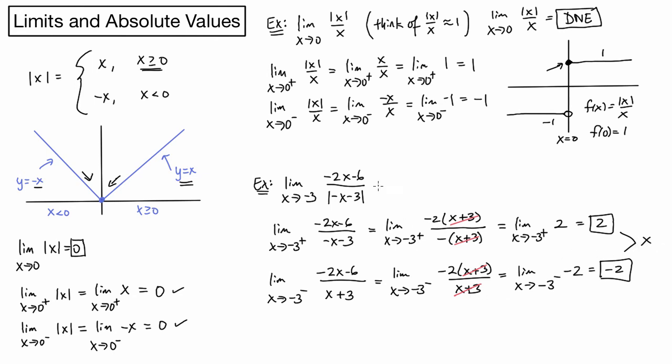Since there's no agreement here, this original limit doesn't exist. The limits from the left and the limits from the right are not the same. In fact, the graph of this function would be identical to this one, except there would be a couple of small changes. Let me show you what those changes are.